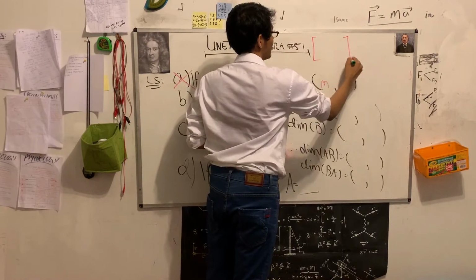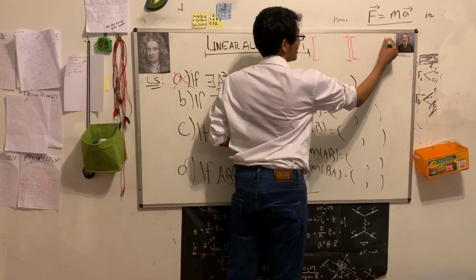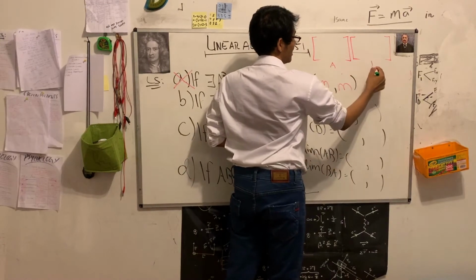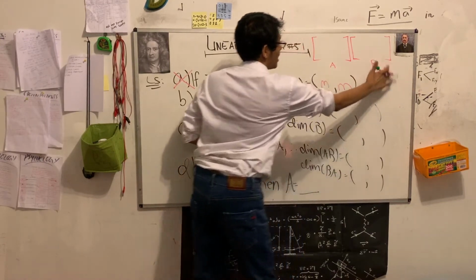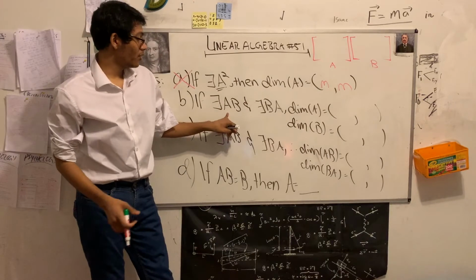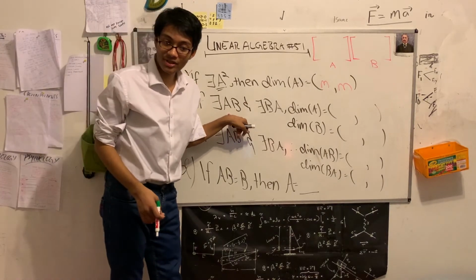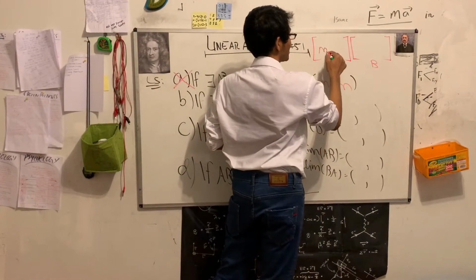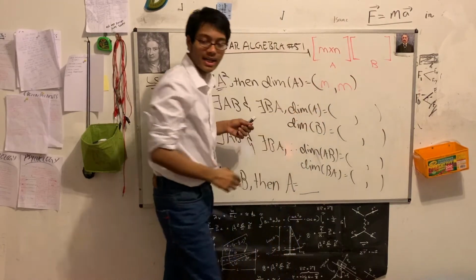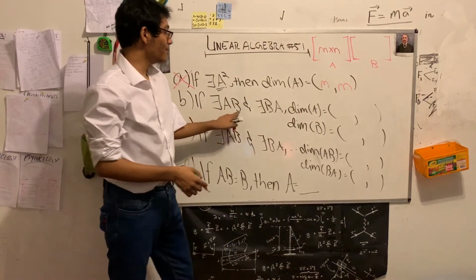So let's say I have two matrices, A and B, just like in the question. This is A, this is B, okay? We don't know what the dimensions of A are, so I'm going to assume that it's rectangular. Let's say it's M by N. And what about matrix B?